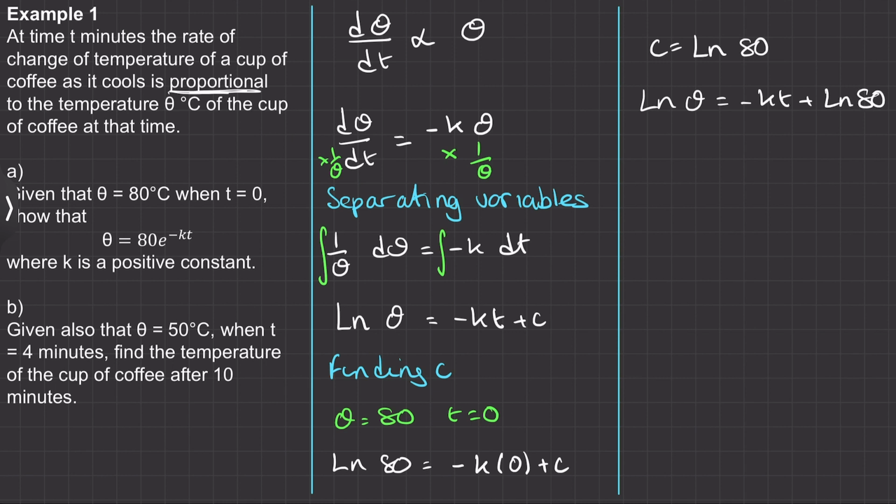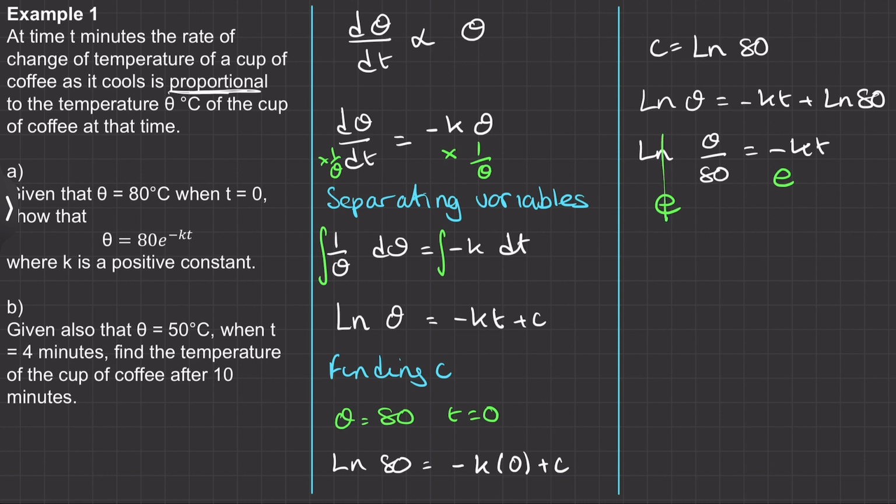Now we'll move the natural log of 80 to the left-hand side, and we'll use the division rule of logs to simplify. So we have the natural log of theta over 80 is equal to minus kt. So now we're going to cancel out this natural log by raising e to the power of both sides.